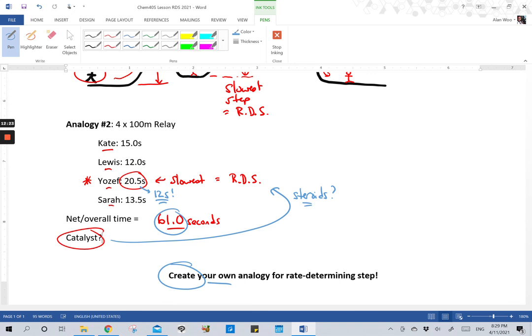So you make up your own, but just keep in mind, your analogy has to have multiple steps, and it has to be clearly shown which step is the slowest. So you have to identify the slowest step.